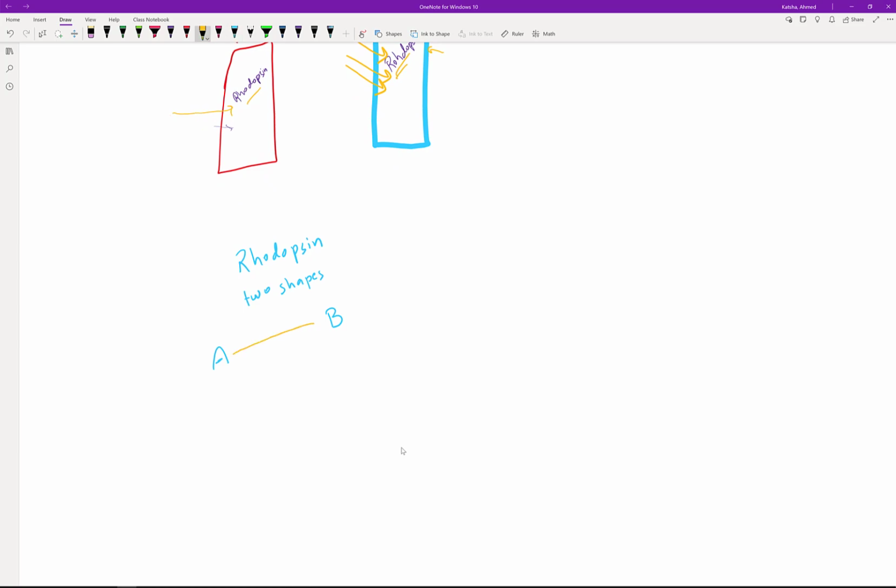If there is light, rhodopsin will get broken from shape A to shape B. In case there is no light, it will regenerate, or we'll call it accumulate.